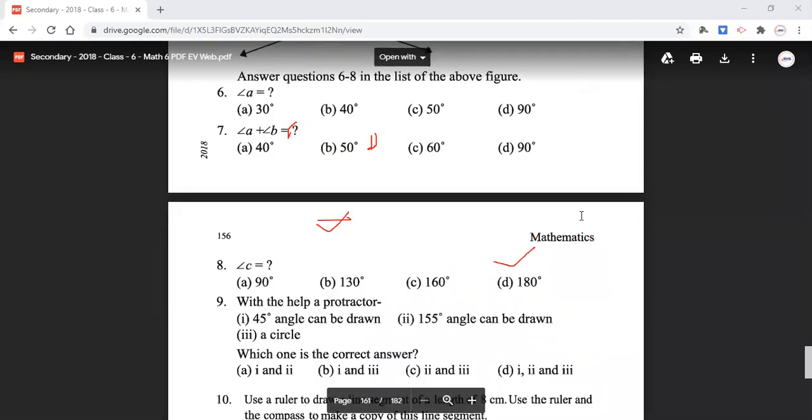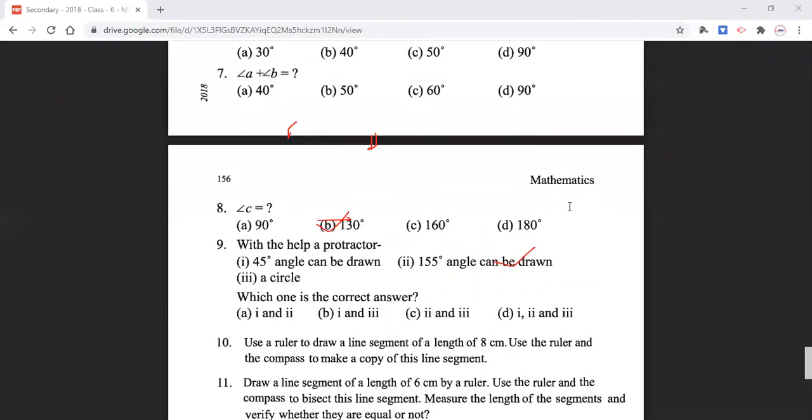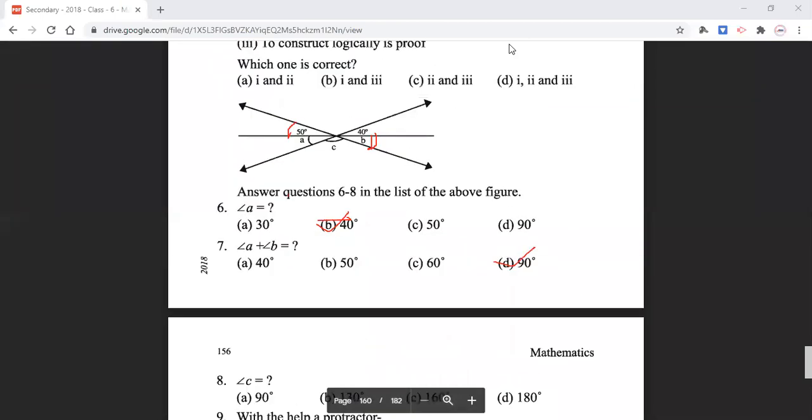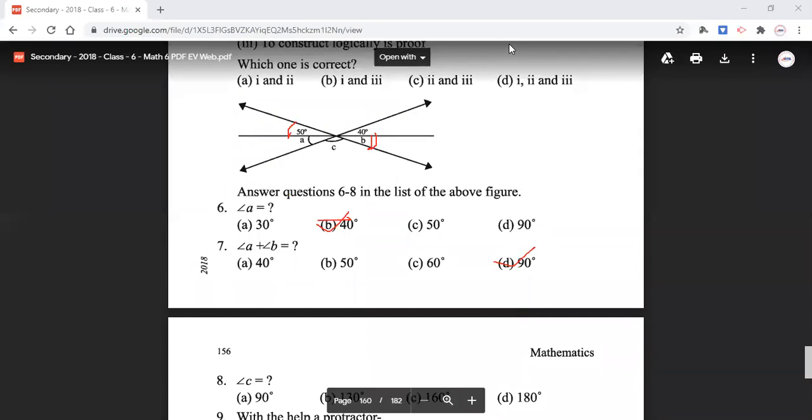Okay. Now number 8. Who will tell me number 8? 90 degrees. C, 90 degrees. Okay. You know, in a straight line, a 180 degree angle is produced.